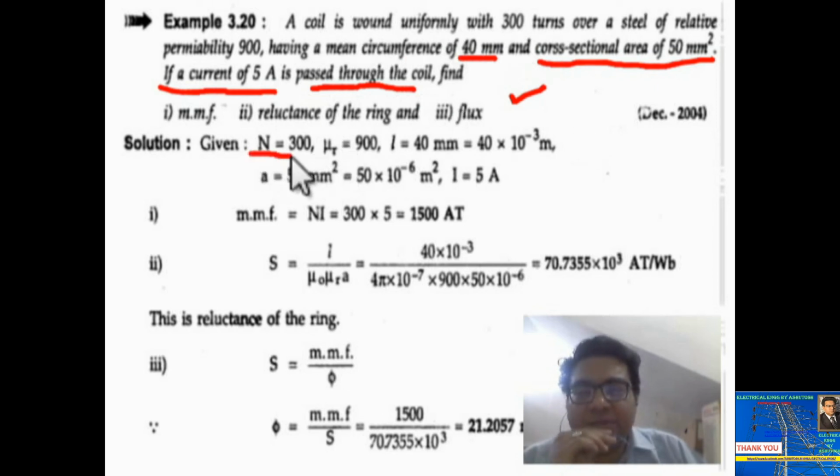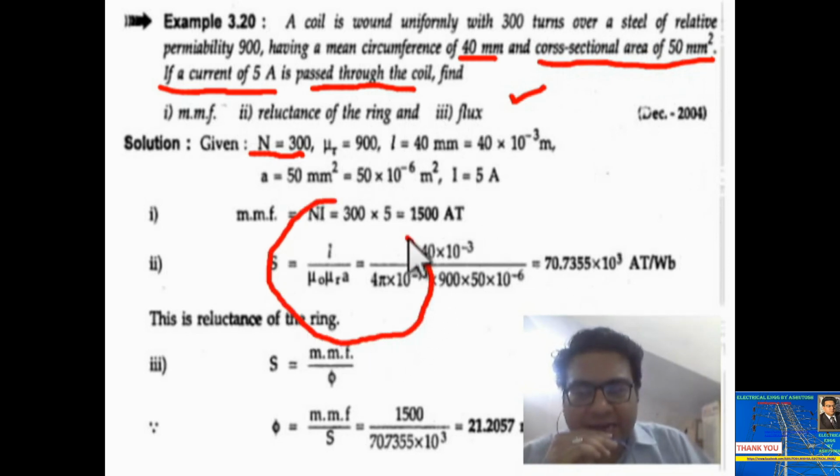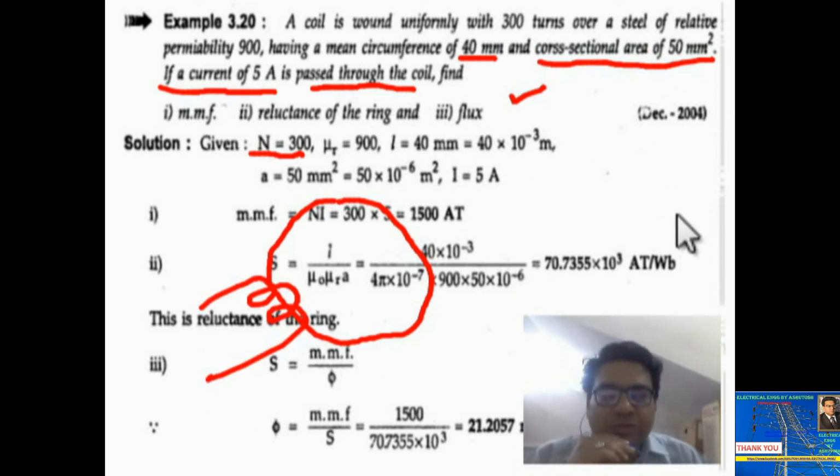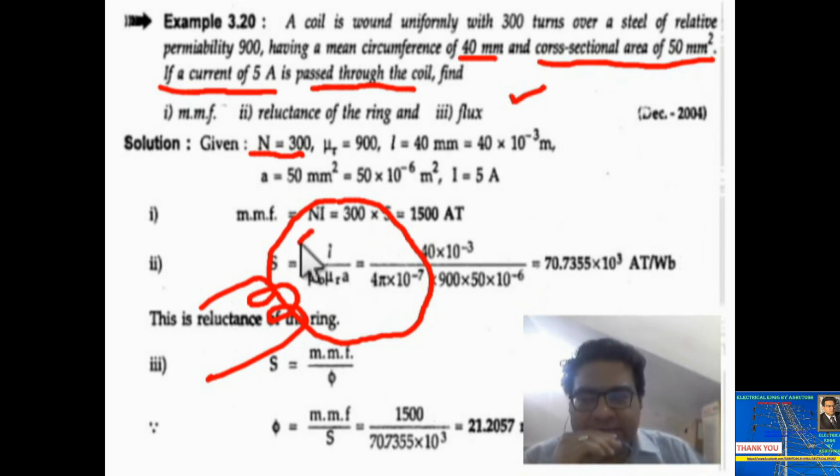Then there is a steel iron ring, circular in shape, with turns on it. You will have to draw the diagram first. There is a circular ring, and there are windings on it. So the number of turns, 300, is given here.